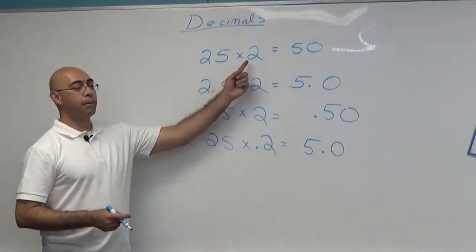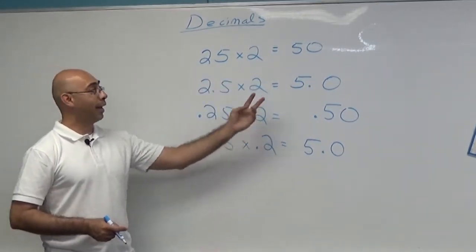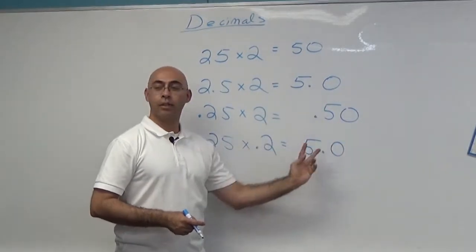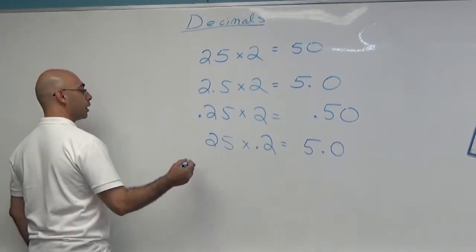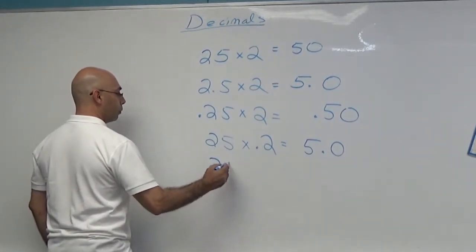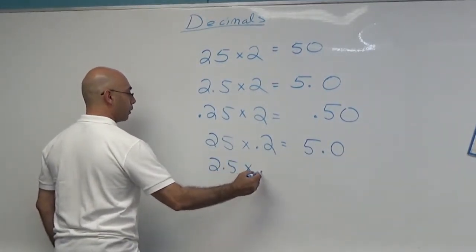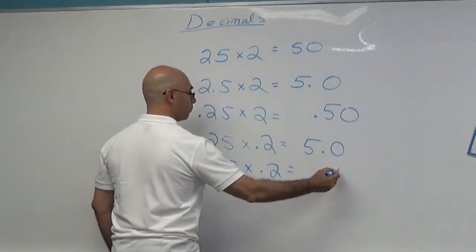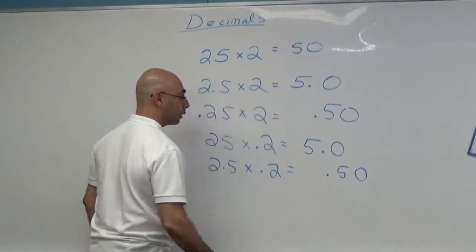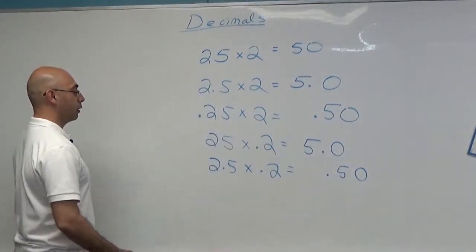Since I'm using the same digits for every single problem, the only difference is, where is that decimal point going? 2.5 times 0.2. I'm going to write the 0 because they all have zeros in it.